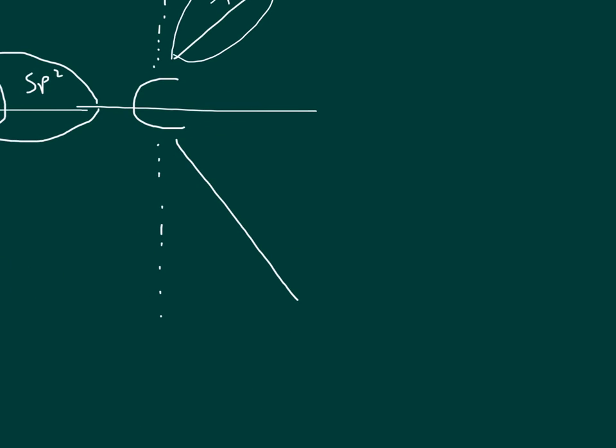Zooming out to the other carbon, we also have another sp2 right here. Electrons here. This is also sp2.